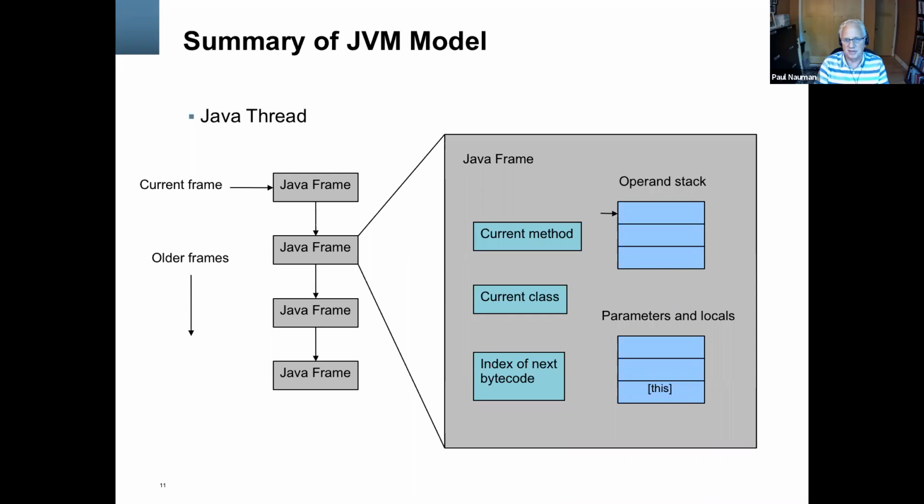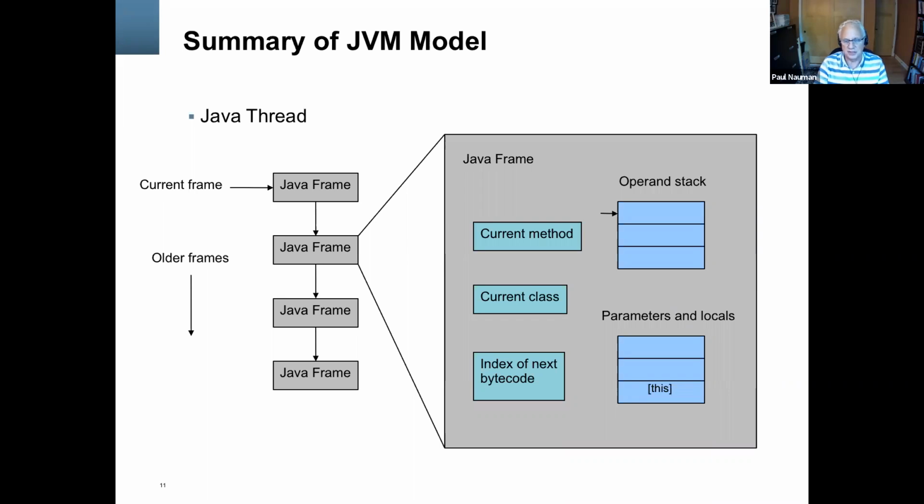First is some indication of what the current method is that we're executing, and obviously you need that to be able to get information from that method. Also, the class that contains that method is needed as well, because we need to be able to get information out of that class.